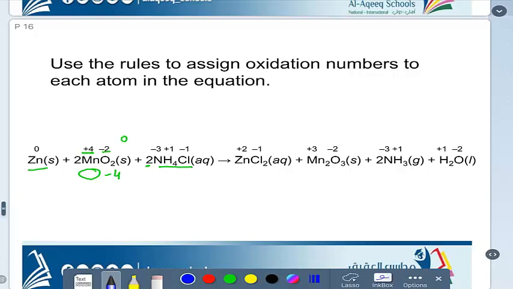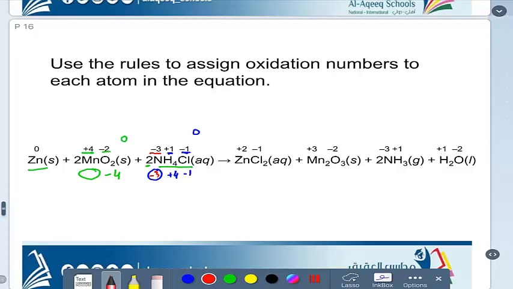Cl is -1, we know that, okay, and hydrogen is +1 times 4, +4, and here -1. What we have to make here for nitrogen to make the overall charge 0 because it's a compound, +1 -1, +3, so we have to make here -3, so nitrogen is -3.